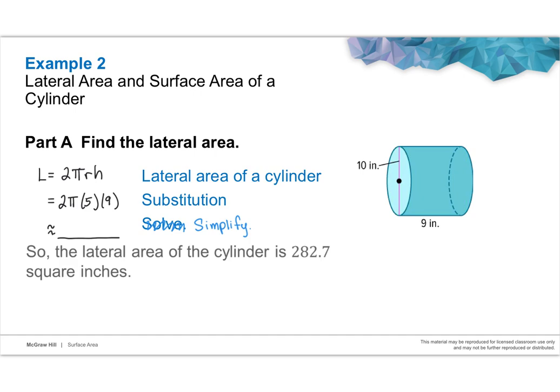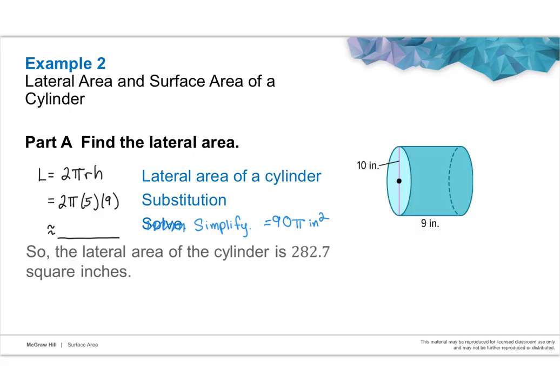So I would encourage you to simplify that 2 times pi times 5 times 9 to keep the pi symbol in it, and just do the other numbers multiplied together. So that is going to be an exact answer of 90 pi inches squared.